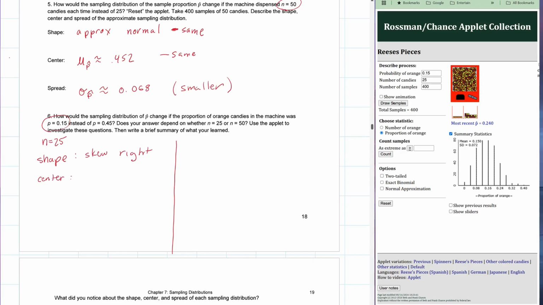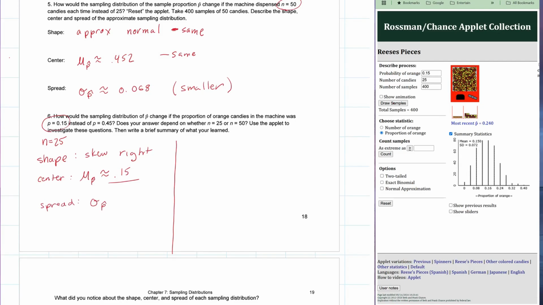Well, I think, again, mu of p hat, the mean of the distribution of p hat, looks like it's approximately 0.15. Oh, that looks as we expected because the population proportion was also 0.15. What about the standard deviation? What about the spread?